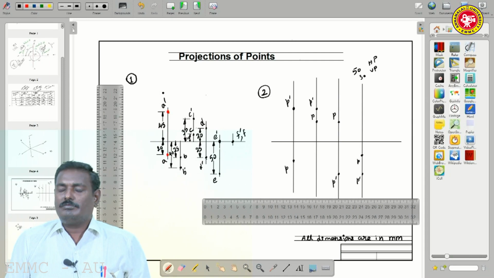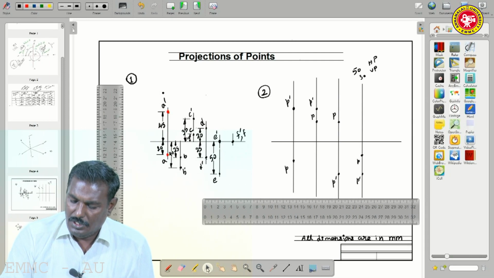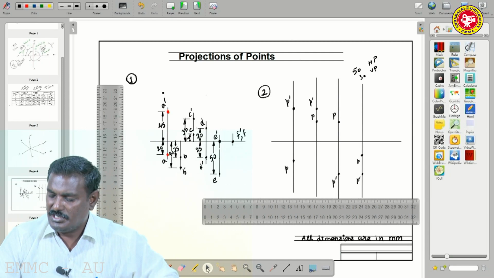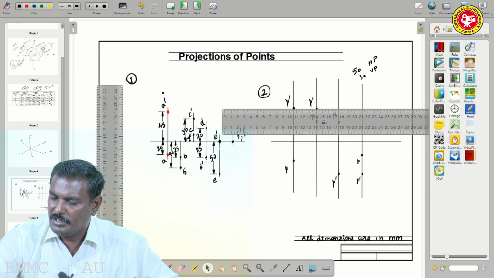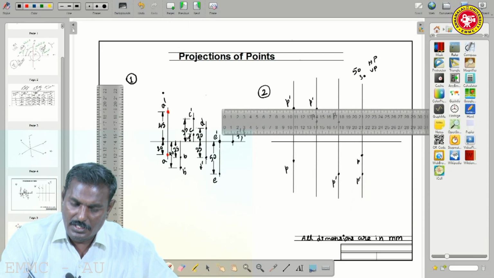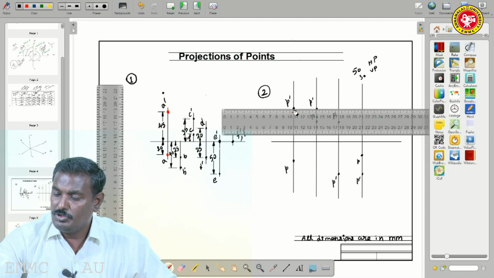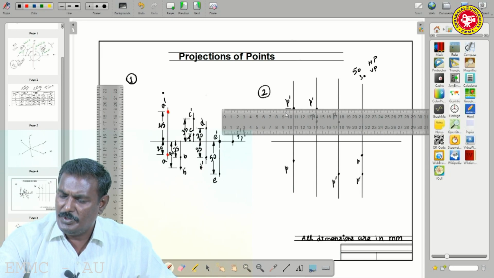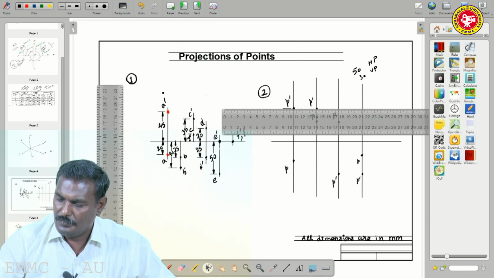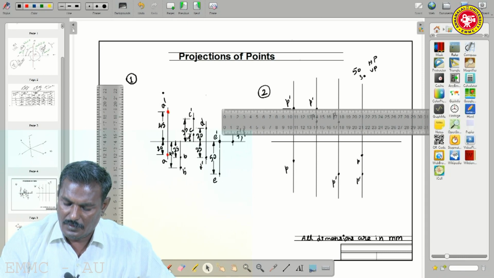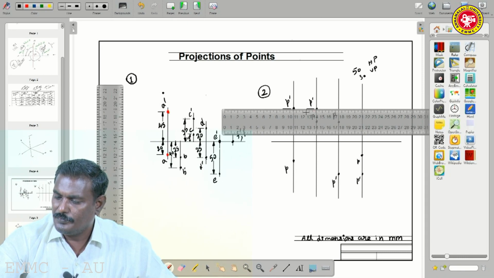So now dimensioning. First draw extension lines for each point by use of a 2H pencil or H pencil, no problem. For this also.